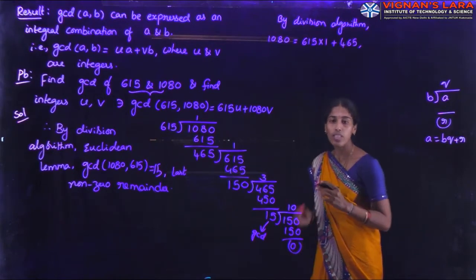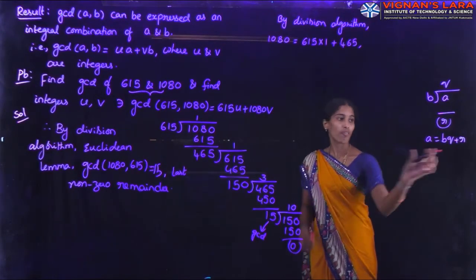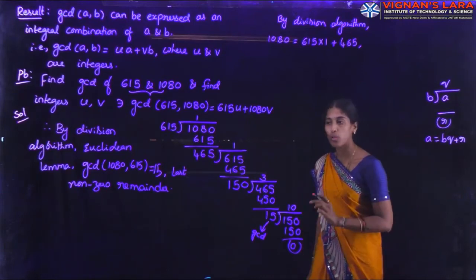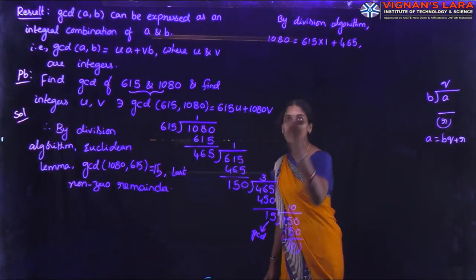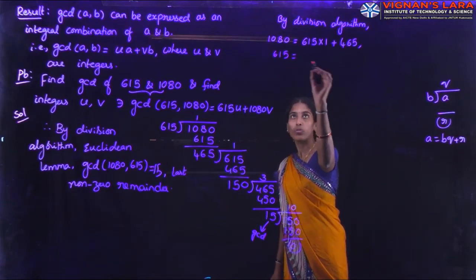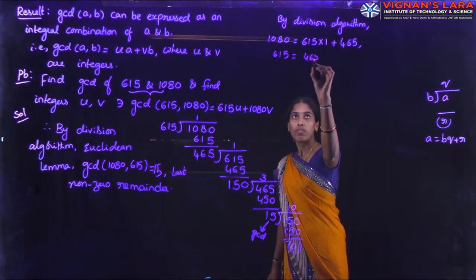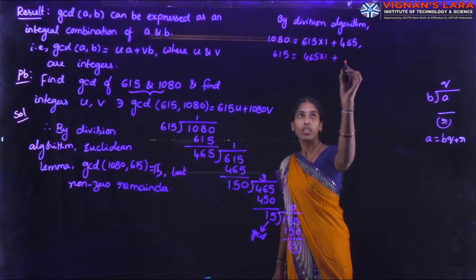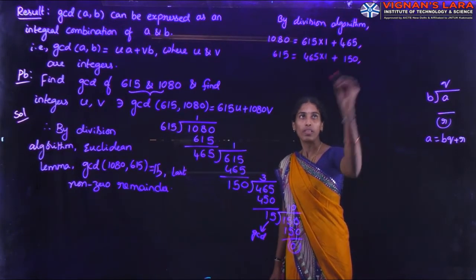Like that, every step we need to express in the form A is equal to BQ plus R. From the second step, we can write 615 is equal to 465 into 1 plus 150.